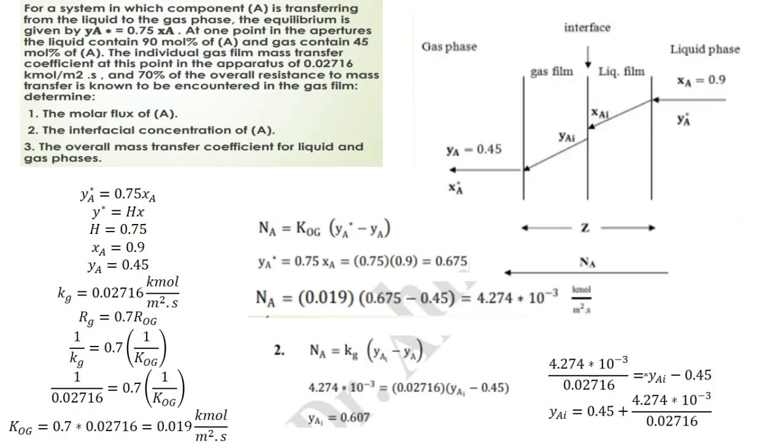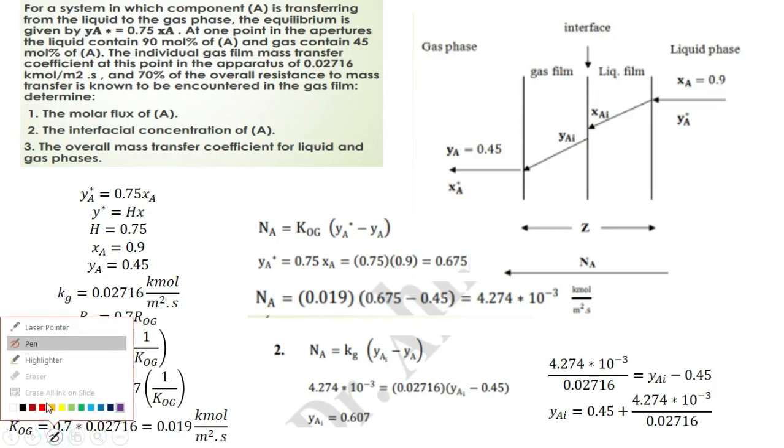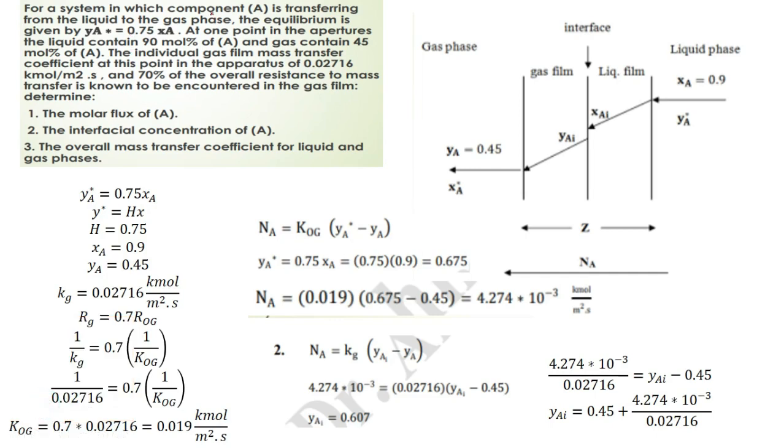So let's understand it by an example. For a system in which component A is transferring from the liquid to the gas phase. So this is the liquid phase and this is the gas phase. Let's say liquid phase is water, and it contains any component A in it.